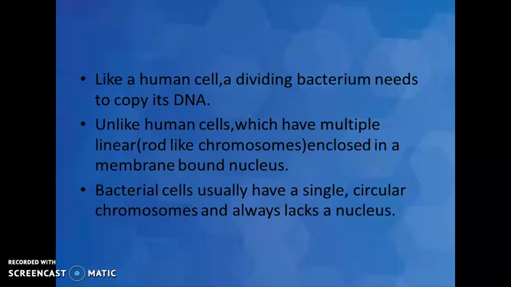But unlike human cells, which have multiple linear rod-like chromosomes enclosed in a membrane-bound nucleus, bacteria have a different character. In bacteria, usually there is a single circular chromosome and it always lacks a nucleus.